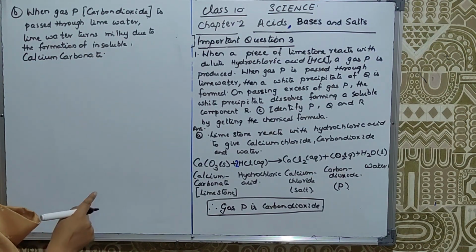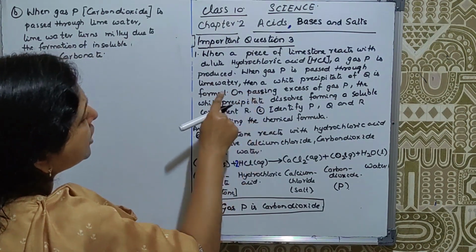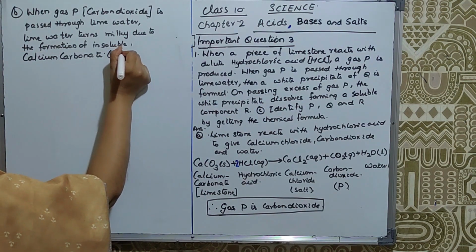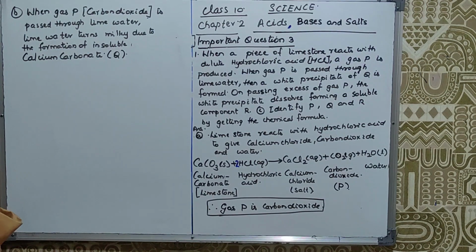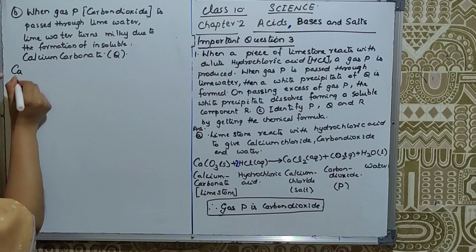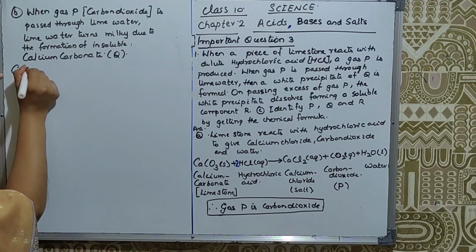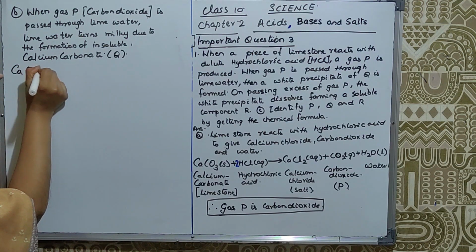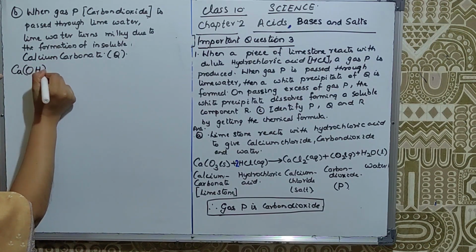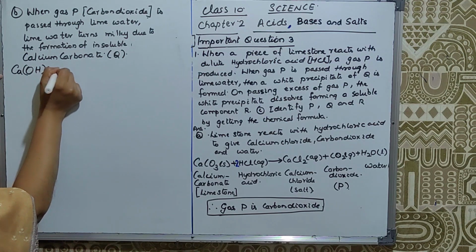Now, when gas P is passed through lime water, a white precipitate of Q is formed. This insoluble calcium carbonate is considered as the white precipitate. Now, we will write the equation. When carbon dioxide gas is passed through lime water, lime water is calcium hydroxide, Ca(OH)2.